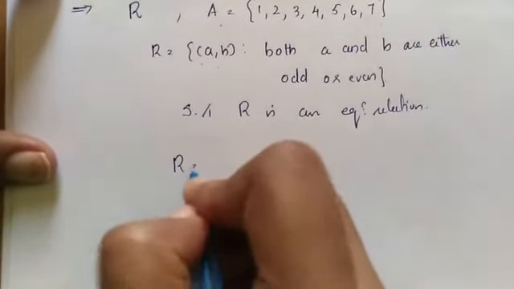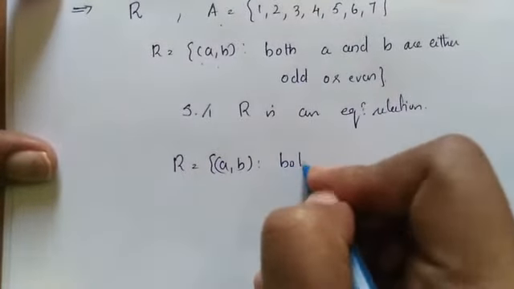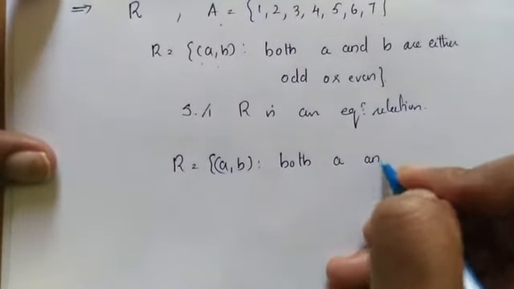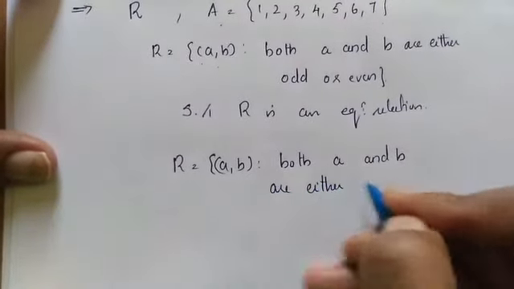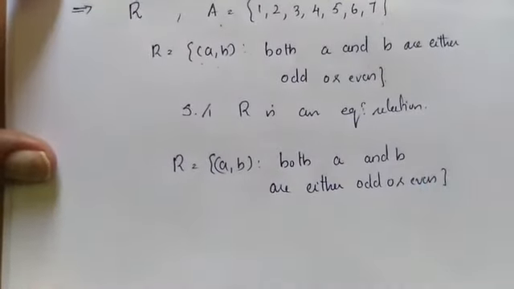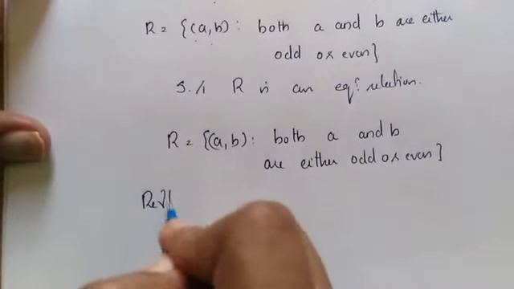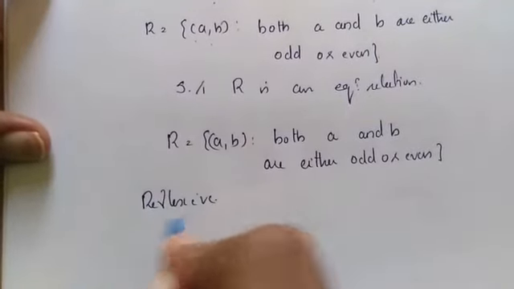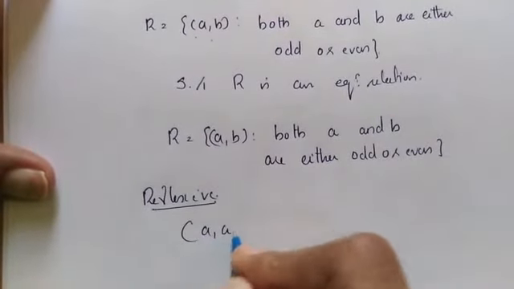We define R as a comma b, where both a and b are either odd or even. To check whether it is reflexive, consider a comma a.